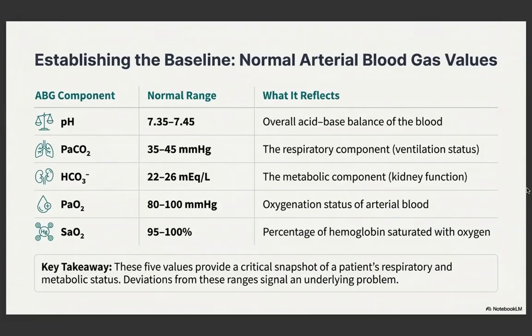For me personally, I like to remember these flipped, just so that when I draw it on my little whiteboard, it makes sense that all of the acidic things are in the same column, and all the alkaline things are in the same column. So remember, PaCO2 is flipped. And then our bicarbonate, anything below 22 is acidic. Anything above 26 is going to be alkaline. Those three are going to be most important when we're talking about ABGs.